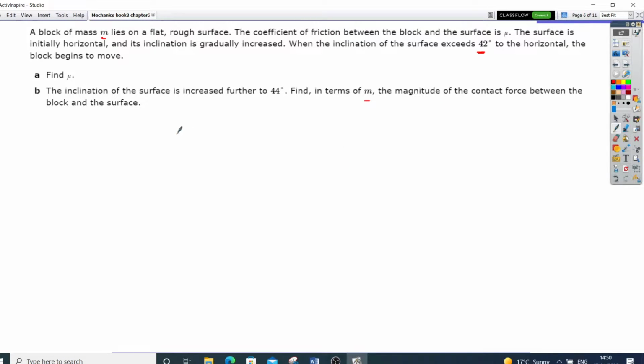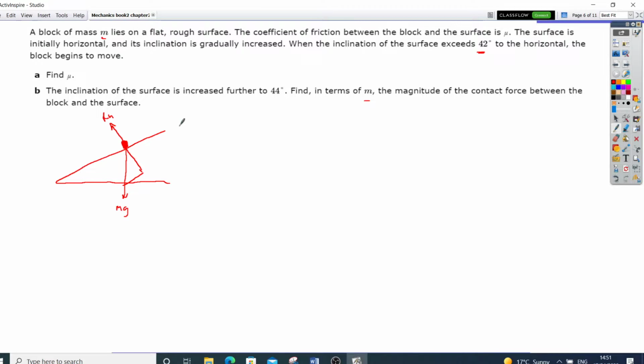So first of all, let's draw a diagram. Let's just say there's a horizontal, and this is the rough surface, and there's the block, treated as a particle, on this rough surface. So the weight drops down, mg. Now that is Rn, the contact force, and this runs perpendicular to the slope.